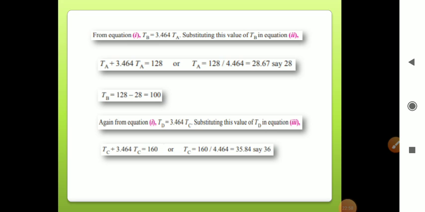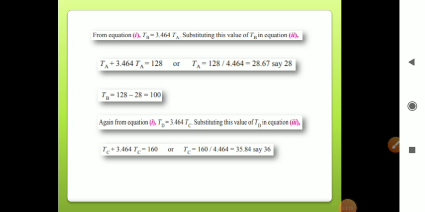So we get TC plus 3.464 into TC is equal to 160. So simply TC is equal to 160 divided by 4.464, which directly gives 35.84, take as a whole number.